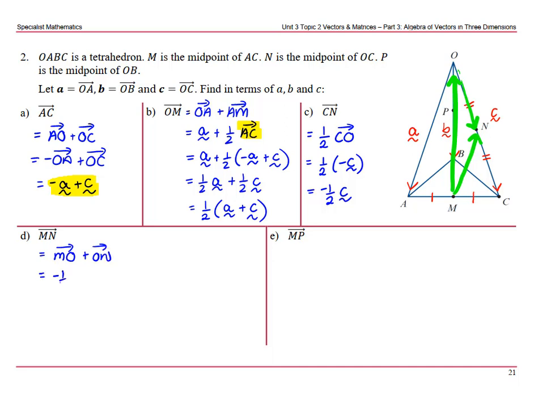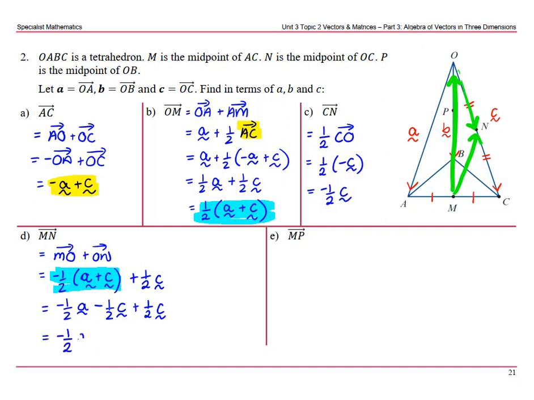So that's negative a half A plus C, and that is from part B, plus a half vector C, because N's the midpoint of OC. So that's negative a half A minus a half C plus a half C. So that's negative a half A.